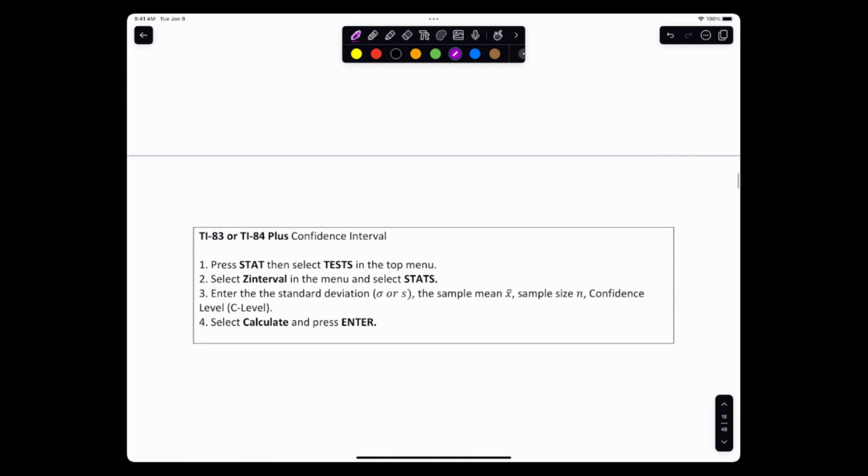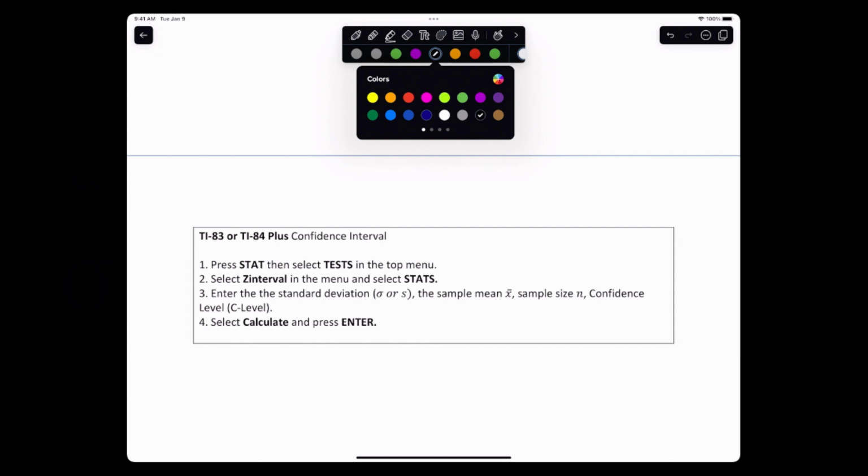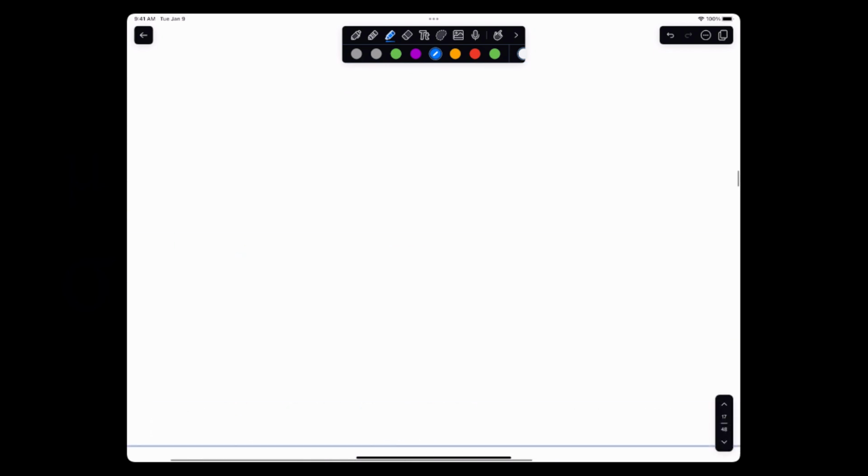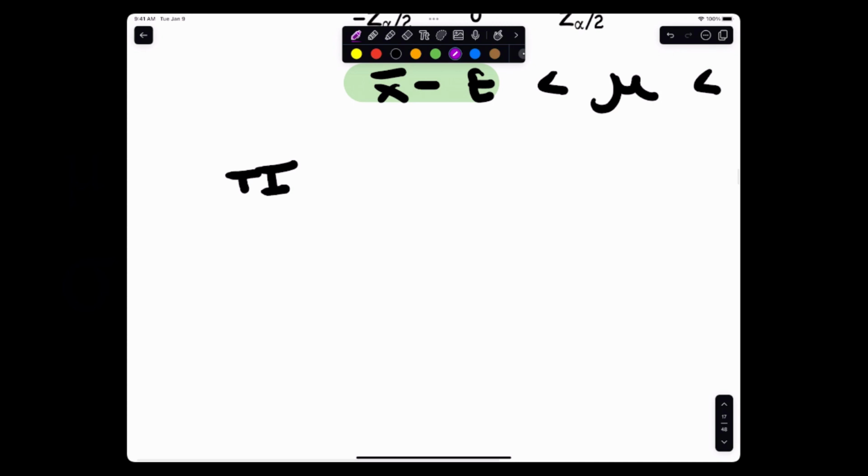You're going to go to STAT, then TESTS. And you're going to use Z-Interval. You might even want to write that down.